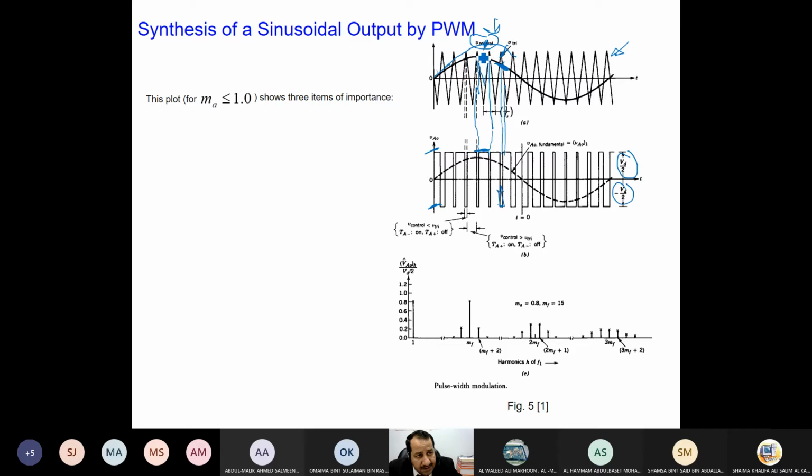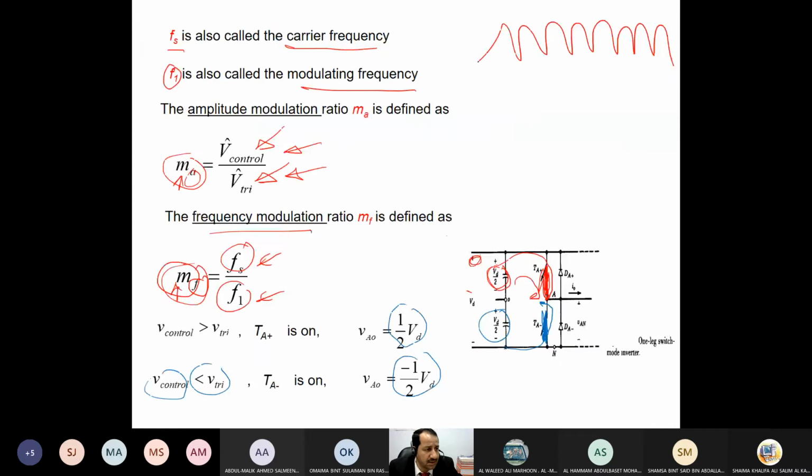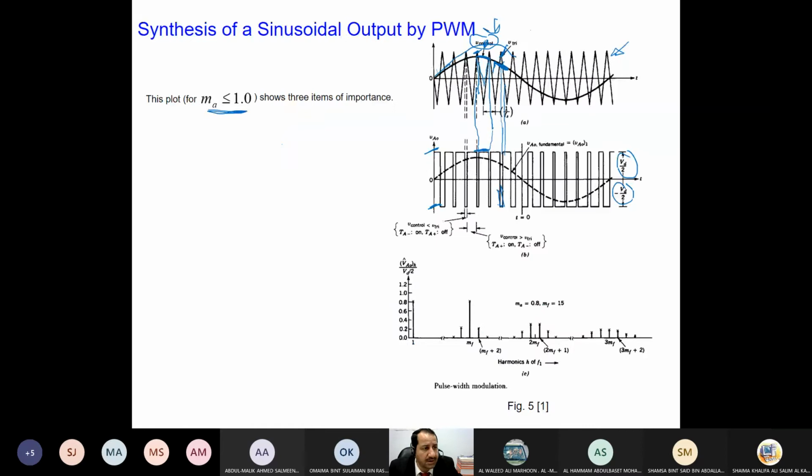You see, the peak here is higher than the peak here. Since the peak of the control signal is lower than the peak of the triangle signal, we call it MA lower than 1, because it is a ratio. Here, ratio, lower than 1. And this is what we call linear modulation, the normal one.